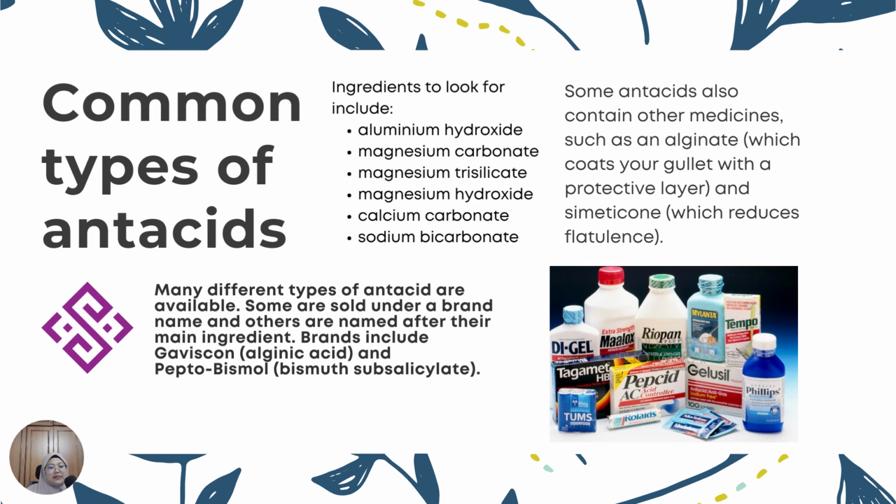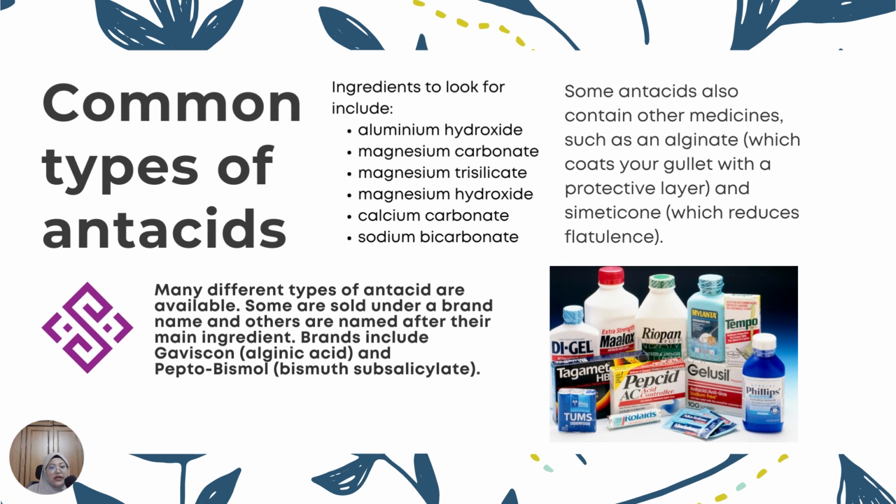So these are common types of antacid. Many different types of antacid are available. Some are sold under a brand name and others are named after their main ingredient. Brands include Gaviscon, alginic acid, and Pepto-Bismol, bismuth subsalicylate.